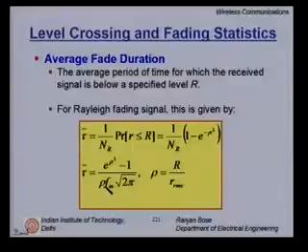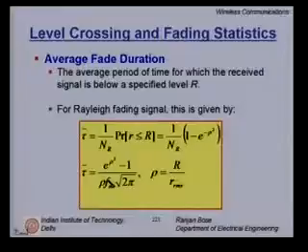The denominator has also a rho and Fm. See, if you travel much faster, then your Fm should increase. So, the value of the denominator increases, your average duration of fade will go down. You will get out of the fade very fast, right? But this has nothing to do with how quickly you get back into the fade.